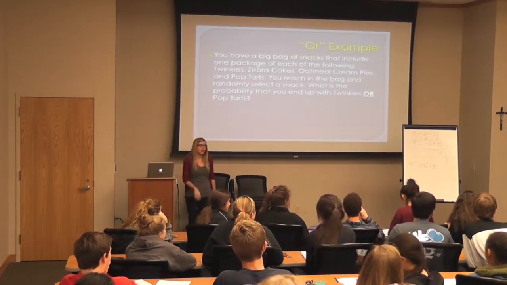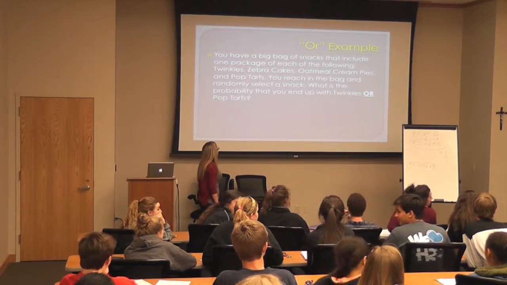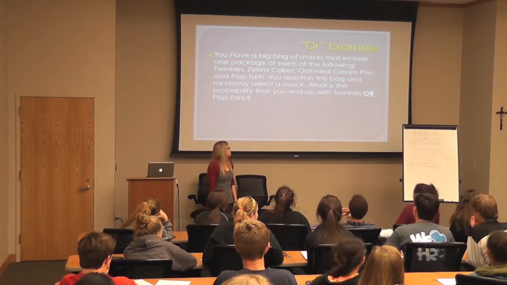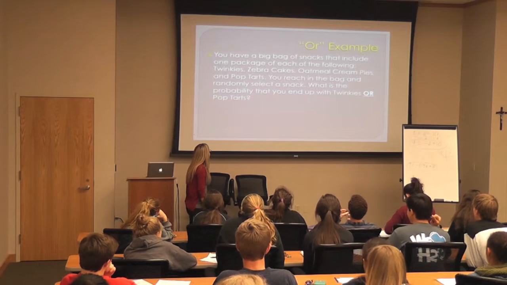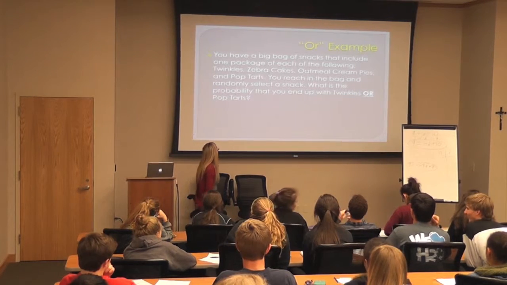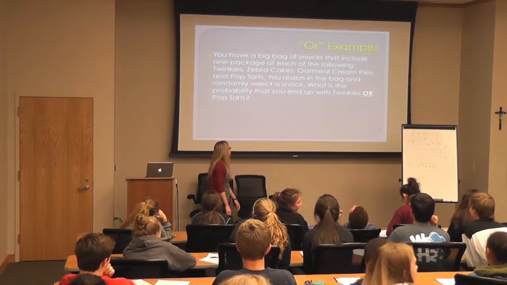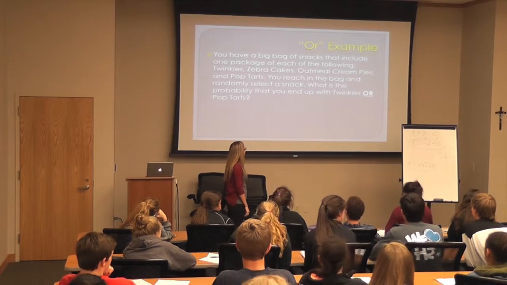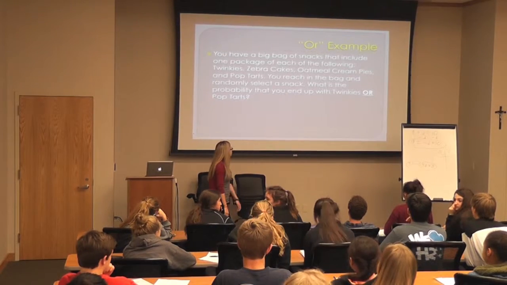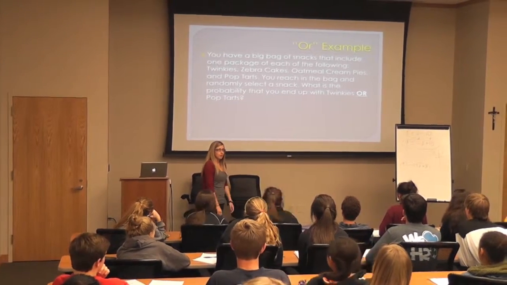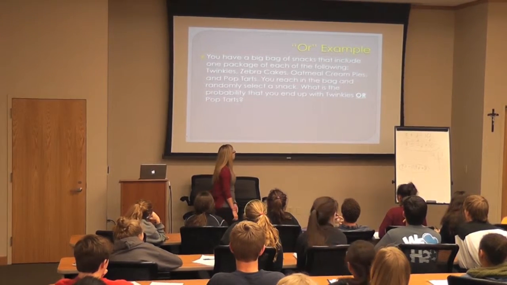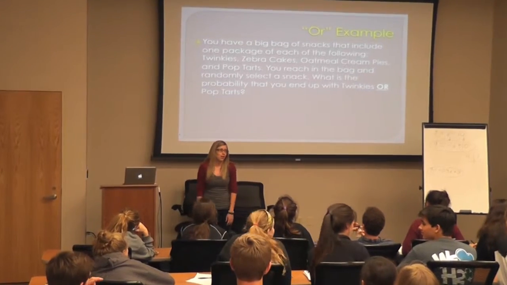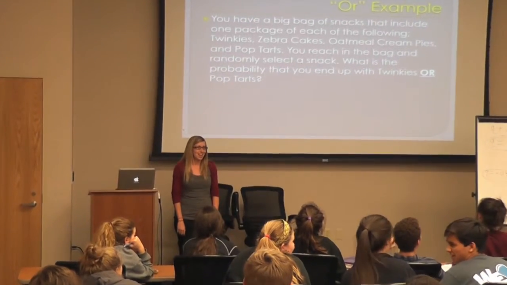Okay, here's another OR example. You have a big bag of snacks that includes 1 package of each of the following: Twinkies, zebra cakes, oatmeal cream pies, and Pop-Tarts. You reach in the bag and randomly select a snack. What is the probability that you select Twinkies or Pop-Tarts? 1 out of 2. Good.